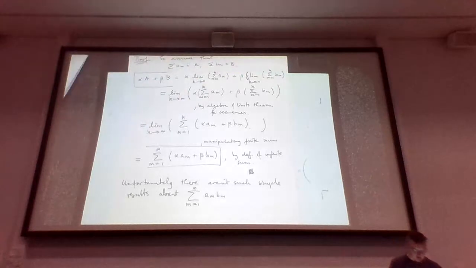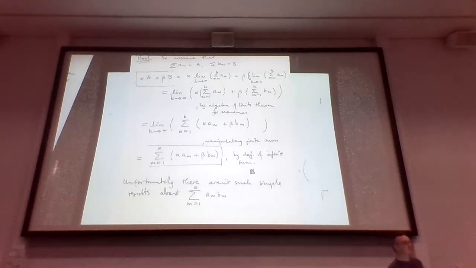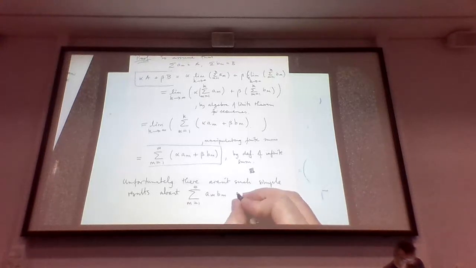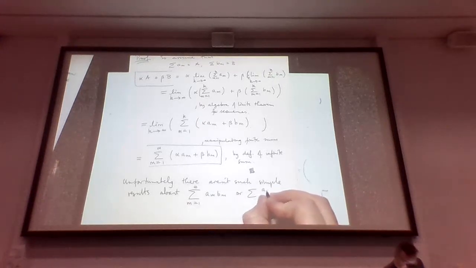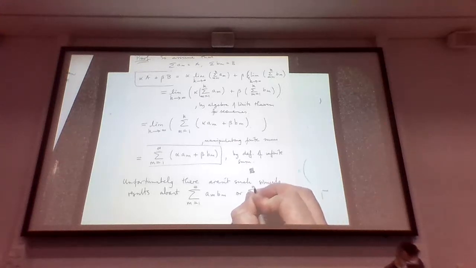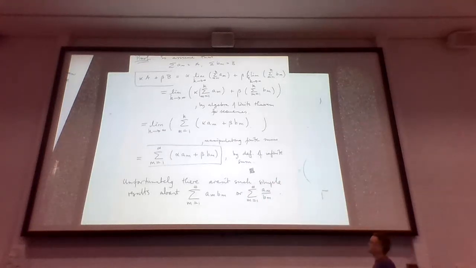Because there's no way of linking the partial sums of this series to the product of the two partial sums, the partial sum of the A series multiplied by the partial sum of the B series. Or even the series of quotients. We don't have any such nice and simple arguments to make about these new series like we've done.